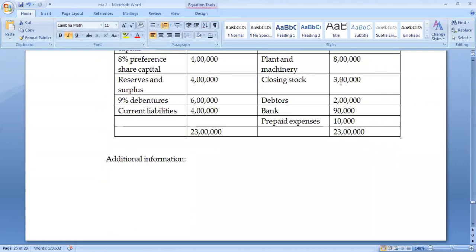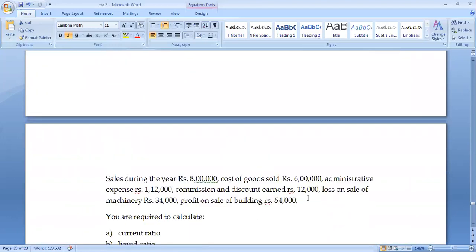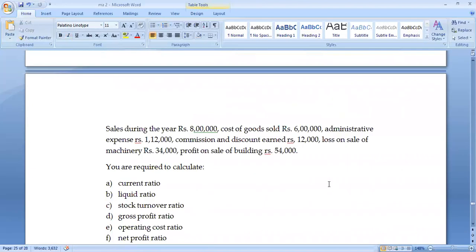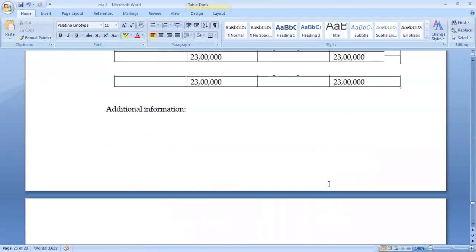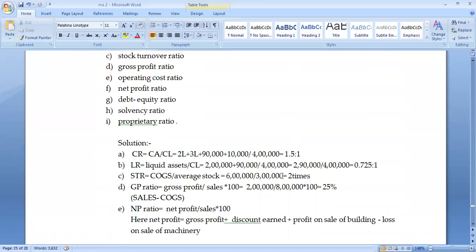Whenever there is no information and no further computation information is given, the value itself given becomes the value. Nowhere is a hint given to find out the stock. By default, this closing stock itself becomes the average stock. So 3 lakhs. Stock turnover ratio will always be indicated in number of times. So it is 2 times.